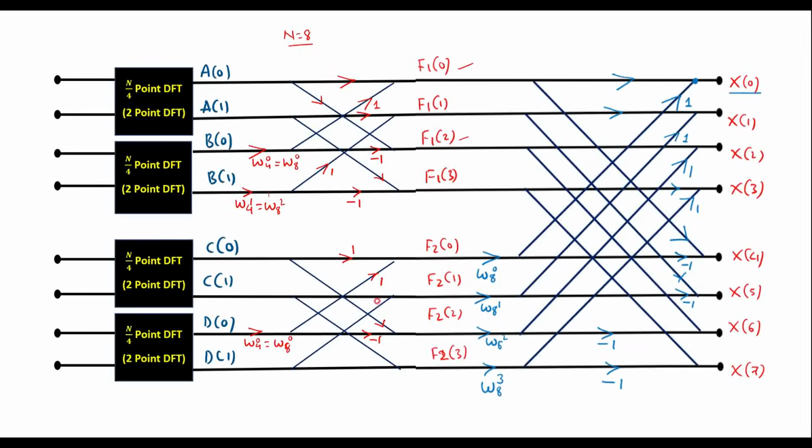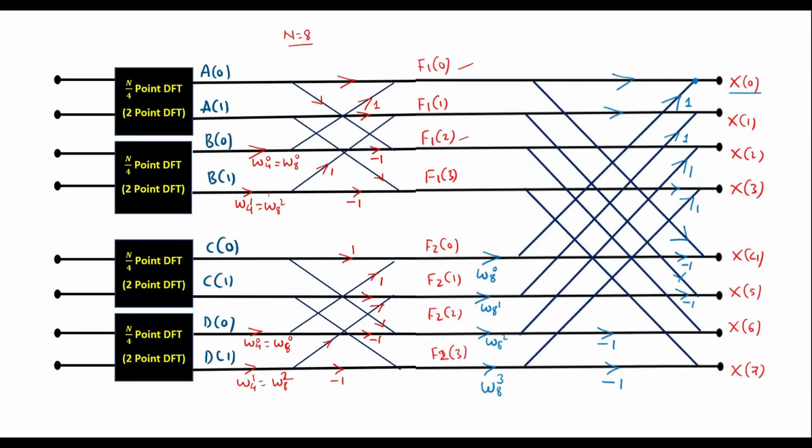So for F2 of 1, this is the signal, that is C of 1, D of 1 multiplied with W4 of 1 or W8 2. This will be signal and here it is minus 1. So these are F2 of 3.